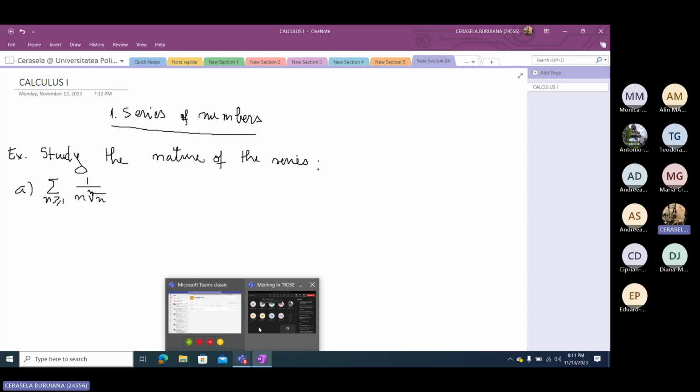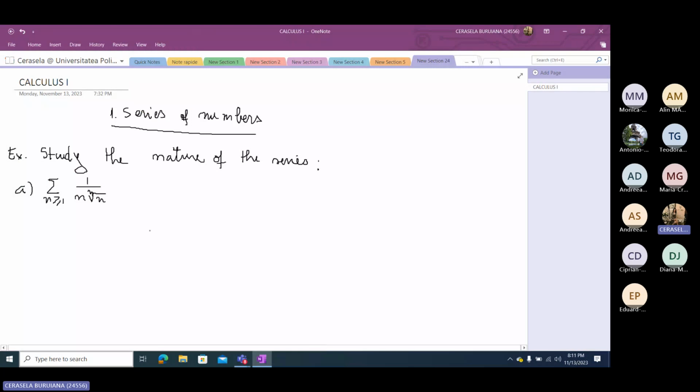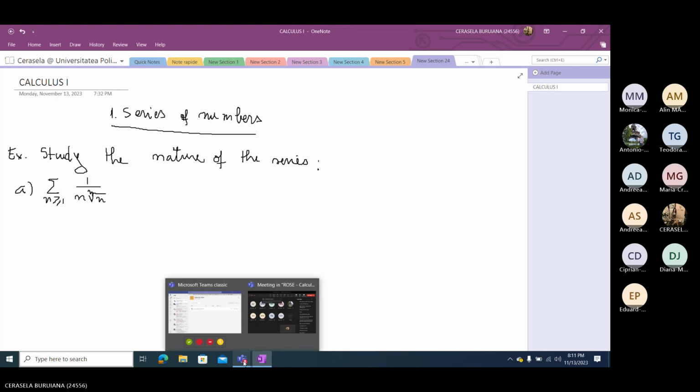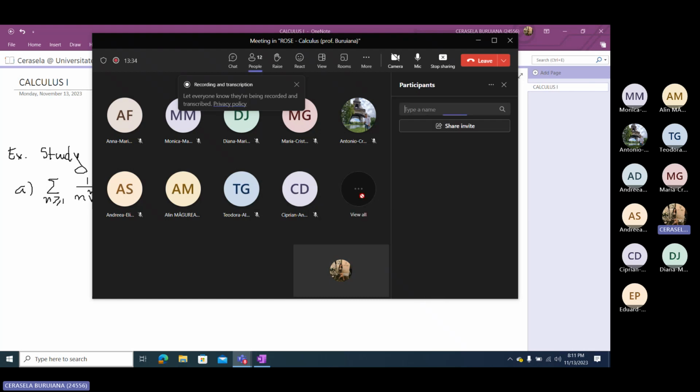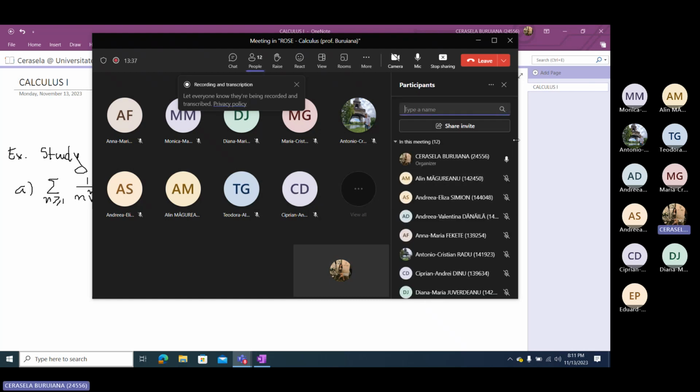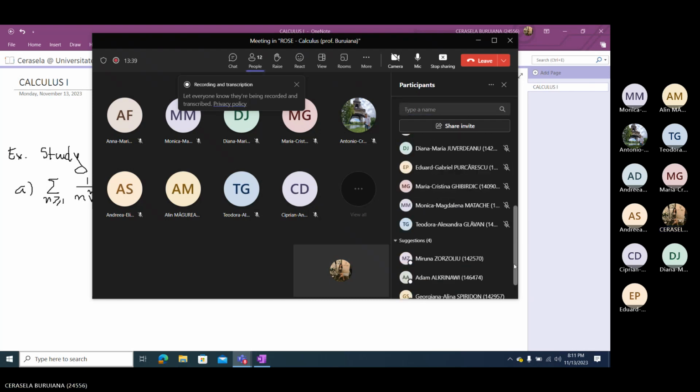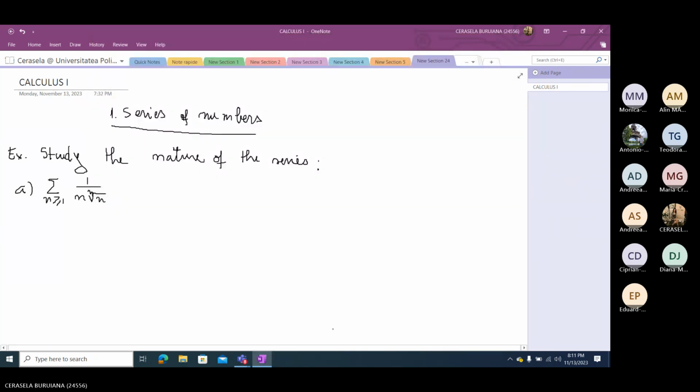Who can tell me which convergence test would be suitable? What do you think? Some ideas. Who has an idea? Just try. If it doesn't work, it's okay.